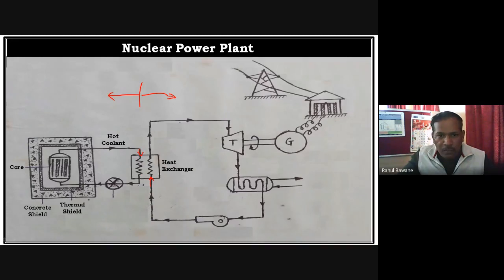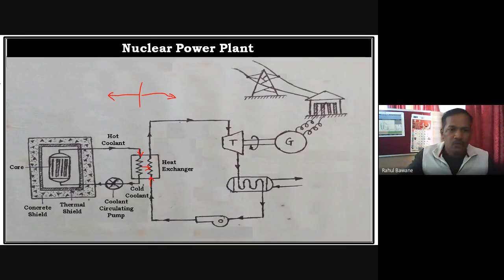When the hot coolant passes through the heat exchanger, it exchanges heat to the incoming water. That water gets converted into steam. So the hot coolant delivers heat to the incoming water in the heat exchanger, and when it becomes colder, that cold coolant is recirculated to the core.